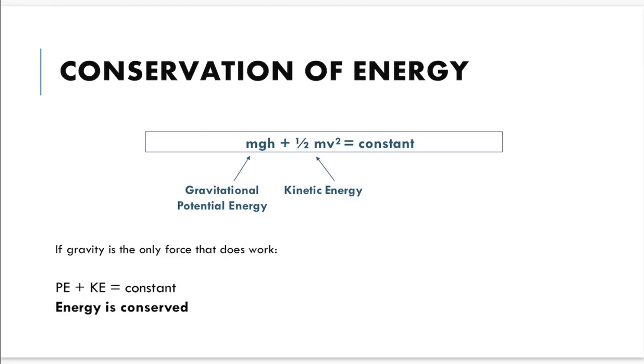And it has to equal some value that stays the same. So no matter what we do throughout the system, throughout the event taking place, the transformation, the gravitational potential energy and the kinetic energy have to stay the same. Okay? And ultimately that means that energy is conserved.